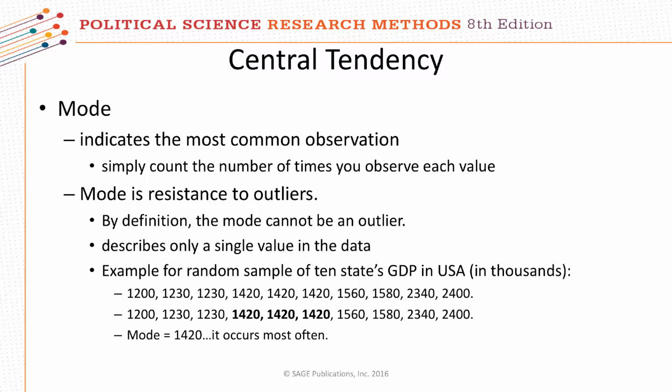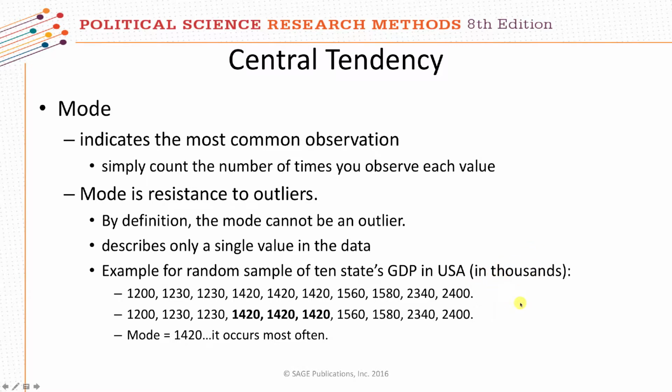Imagine you have a random sample from the United States of 10 states' GDP in thousands. You've randomly sampled these 10 states. Who knows which observations they are, but you've randomly sampled these 10 observations for this variable, state GDP.